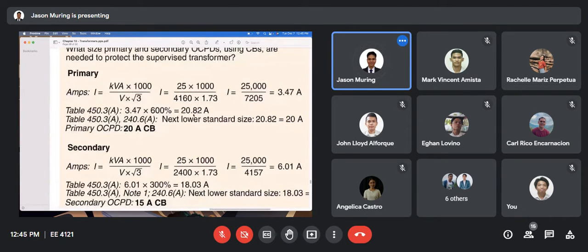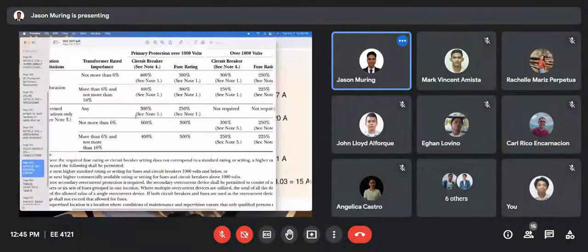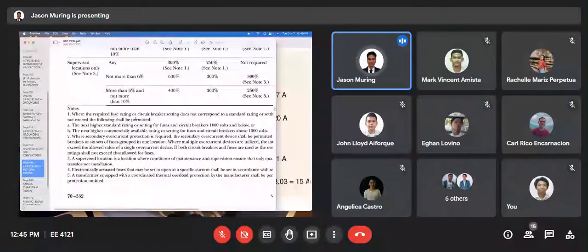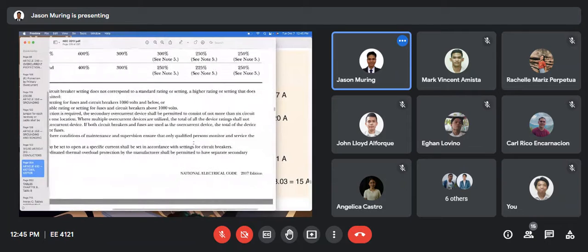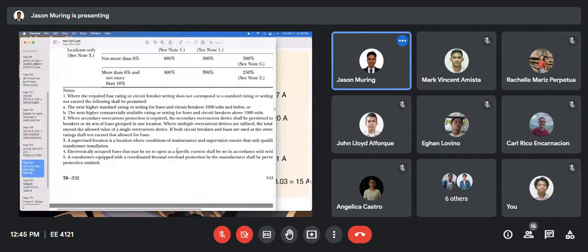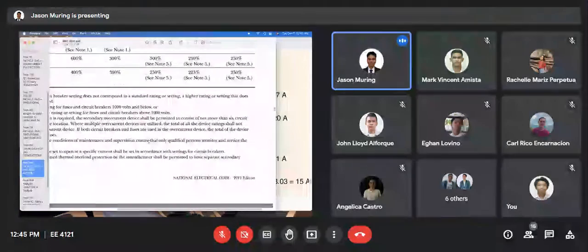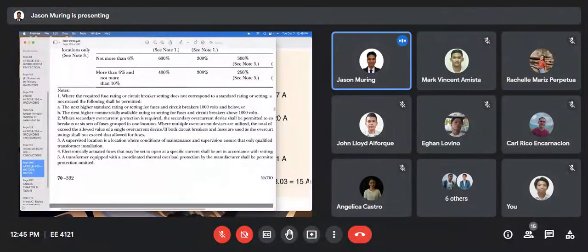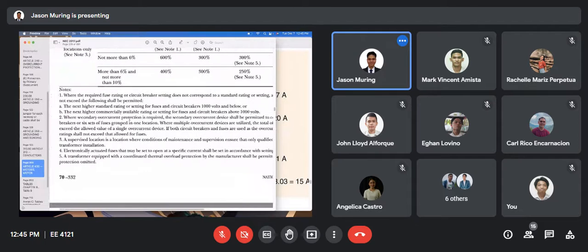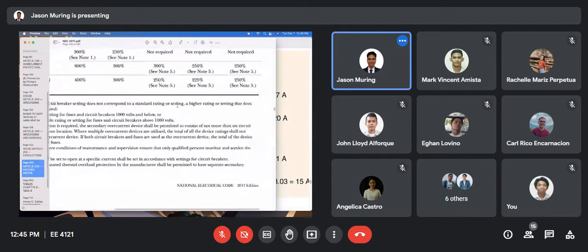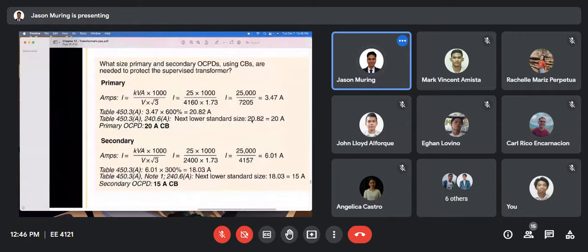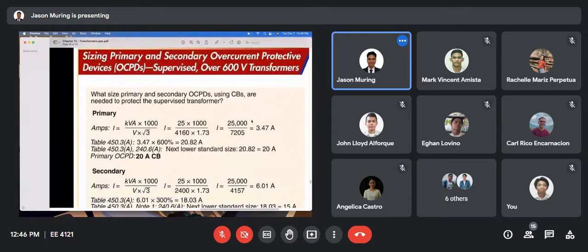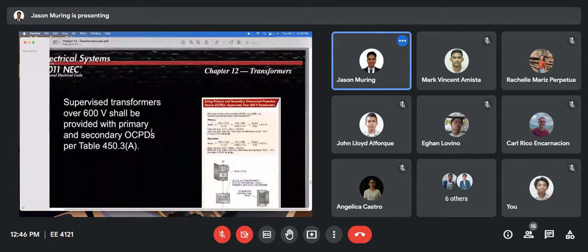So we have to look at column B, next higher. The primary, note 5, 450.3.